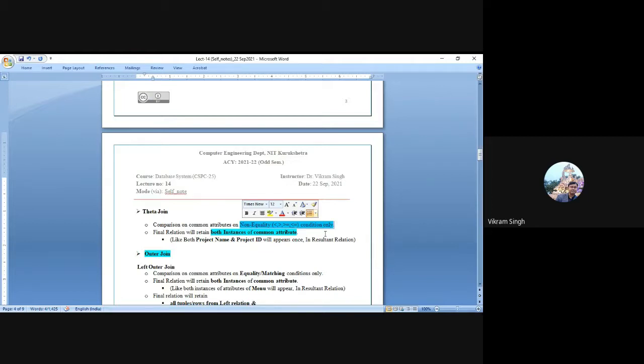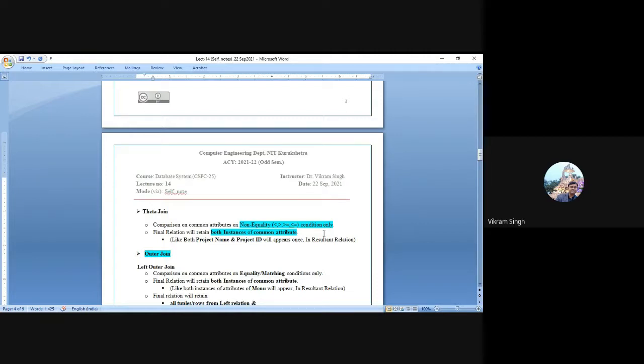And because it is the opposite, or the reciprocal case, of natural join, it will retain both instances of the common attributes in the resulting table, right? So there is only one difference between theta and natural.